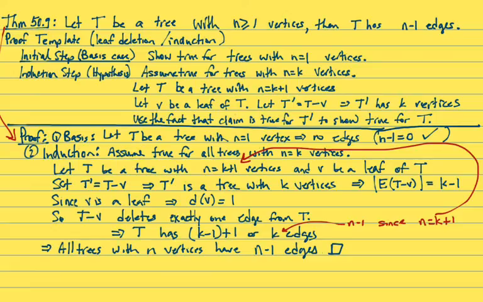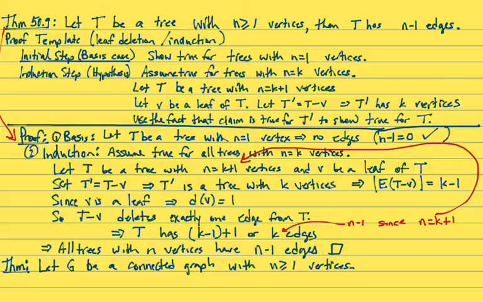So this is where we were. Last thing I want to show you is a theorem that I'm not going to prove, but it shows you an interesting connection. Not only does every tree have n minus 1 edges, any connected graph with n minus 1 edges has to be a tree. So theorem: if G is connected, meaning it has only one component, there is a path from every vertex to every other vertex, not an adjacency, but a path, and it has at least one vertex, then G is a tree if and only if G has exactly n minus 1 edges.